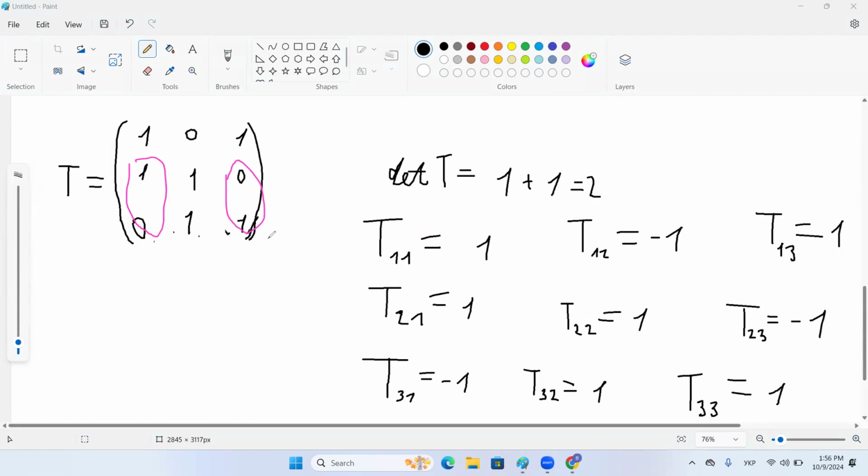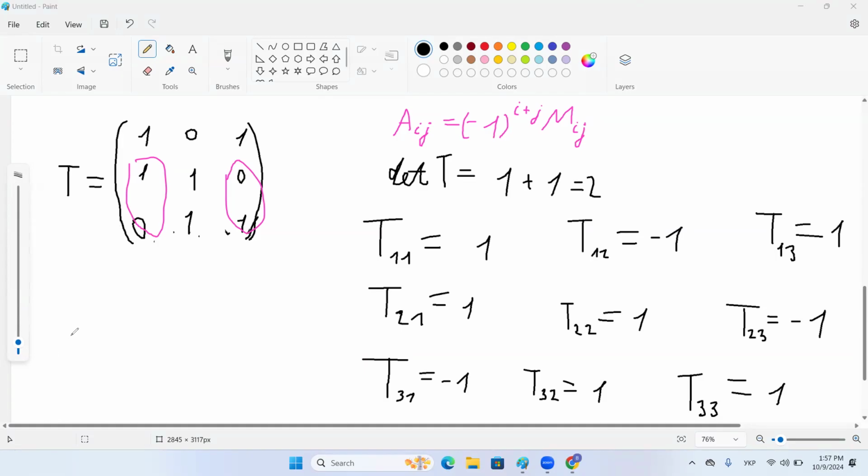It will be 1, not minus 1. But it's not just a minor, it's a cofactor, an algebraic complement. So do you remember how to calculate it? We write it this way: minus 1 in power of i plus j, multiplied by the minor. So don't forget such important things.